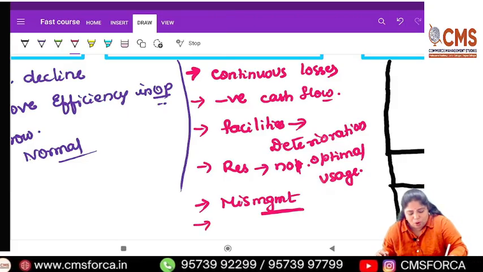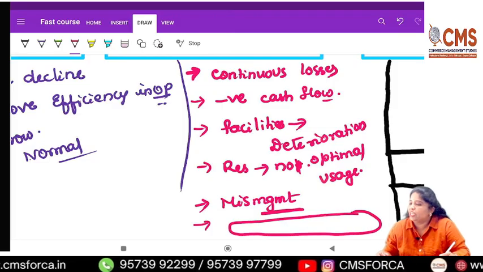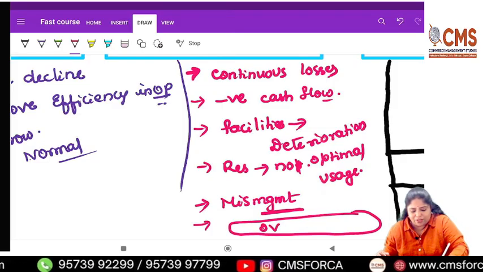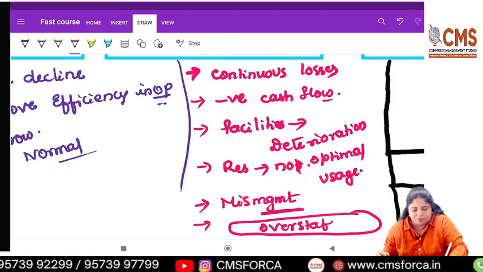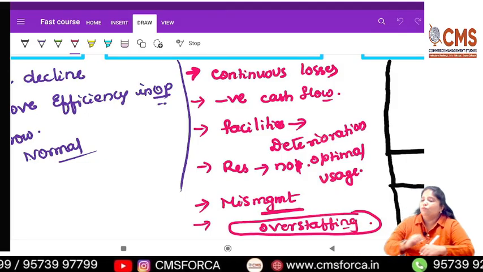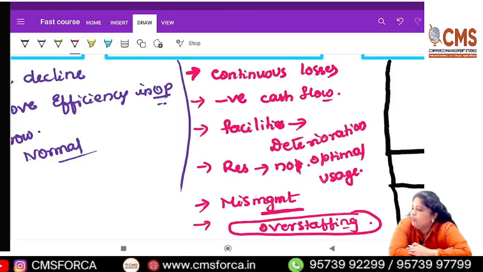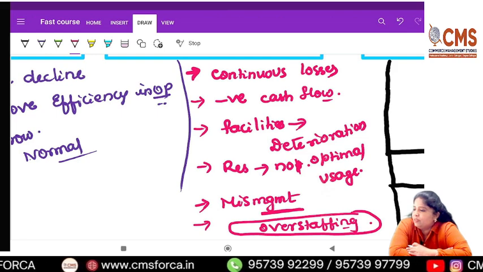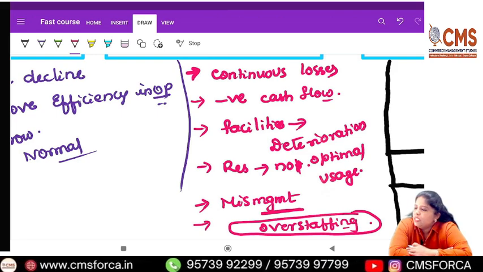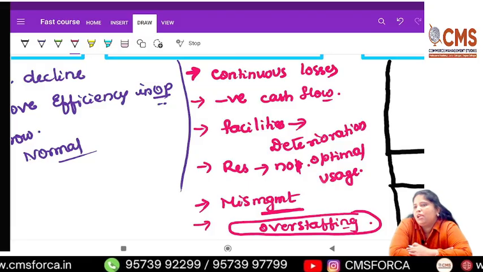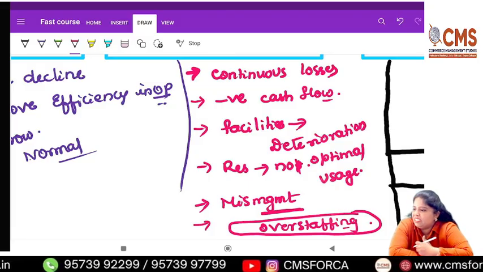And one point you should not ignore mentioning is overstaffing. Now, what do you mean by overstaffing? They have more manpower than is actually required. They don't need it. So what happens when you are unnecessarily having more? It's economically a burden.